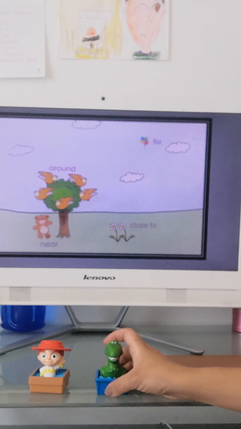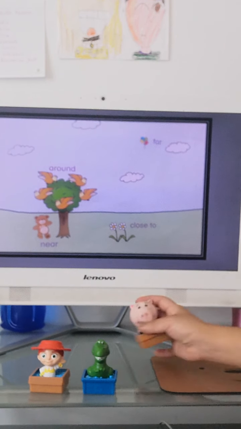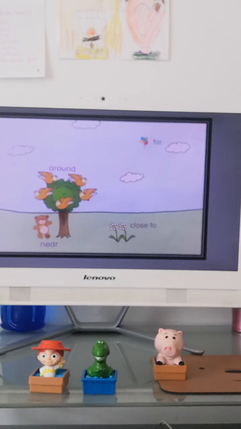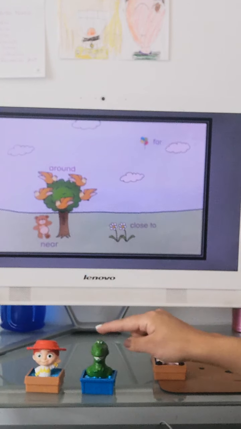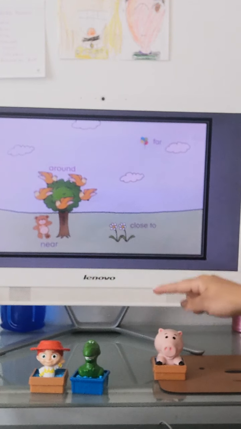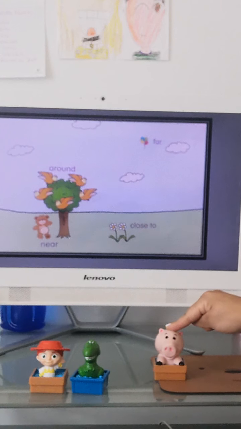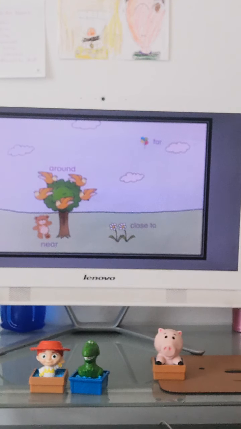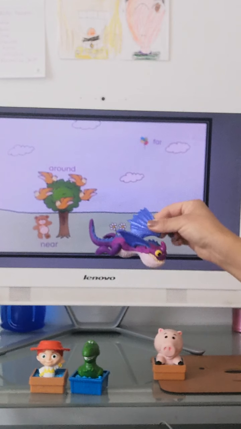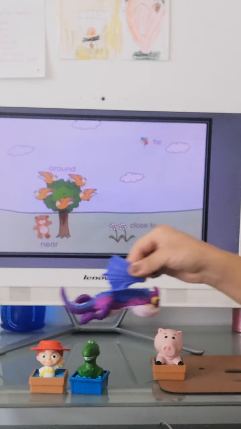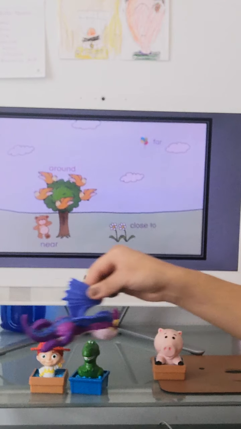Let's do it with the characters. So, if I put here, let's say, T-Rex is near Jesse. Mr. Pig is close to T-Rex and Jesse. And the dragon is around all of them.